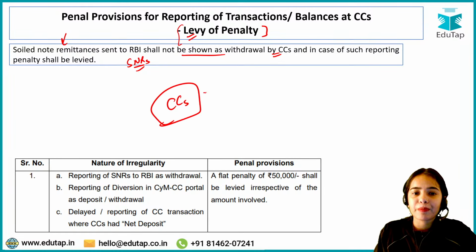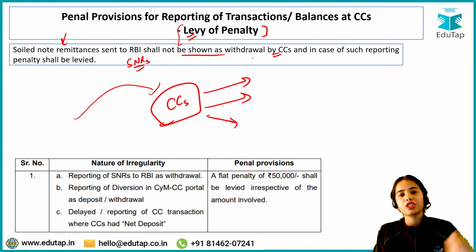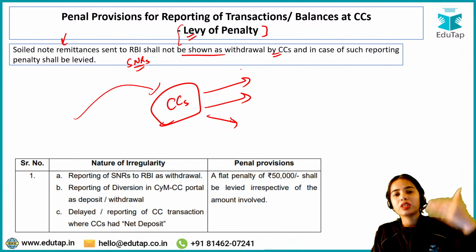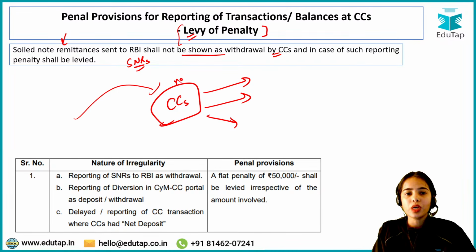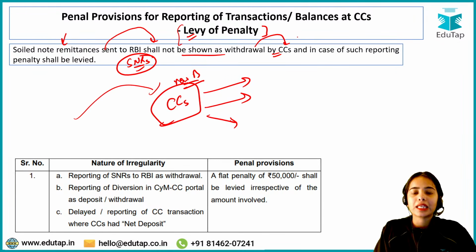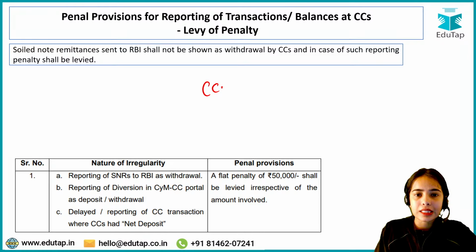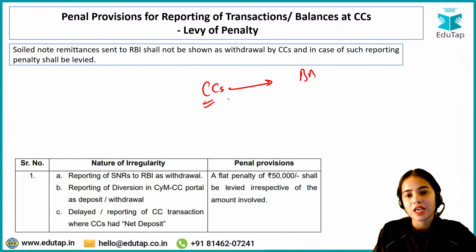A withdrawal from the currency chest shows that the actual money has been withdrawn, that new banknotes have been withdrawn by the bank branches. So from the currency chest, the bank branches are withdrawing the money.